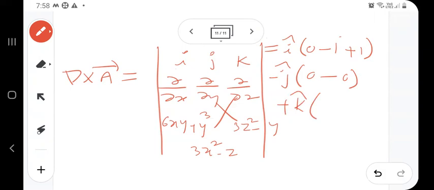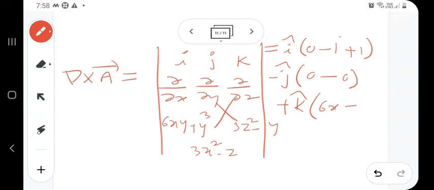Plus k cap into dou x of 3x square minus z, which is 6x, minus dou y of 6xy plus y cube.